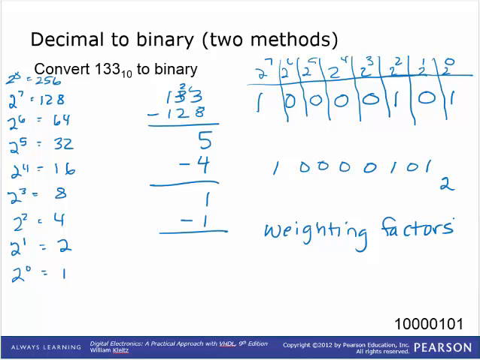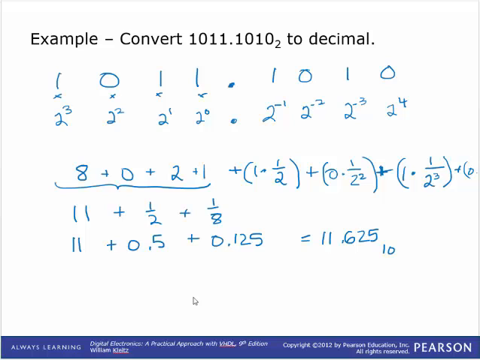And this is the divide by 2 method of converting my decimal to binary. And we can use these same methods in other base numbering systems, which I will show you.